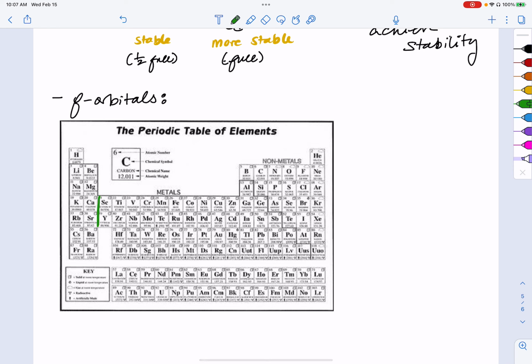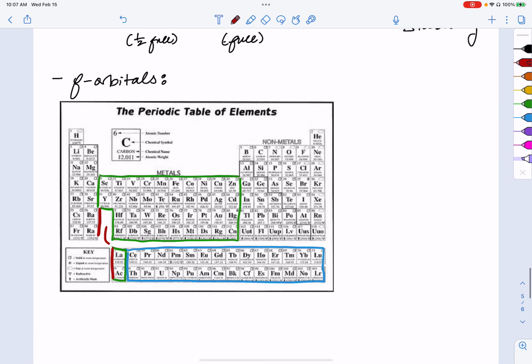So you'll remember I said that these elements here constitute the D block, and these elements here the F block, because we have these things that have been recessed or pulled out of the periodic table.